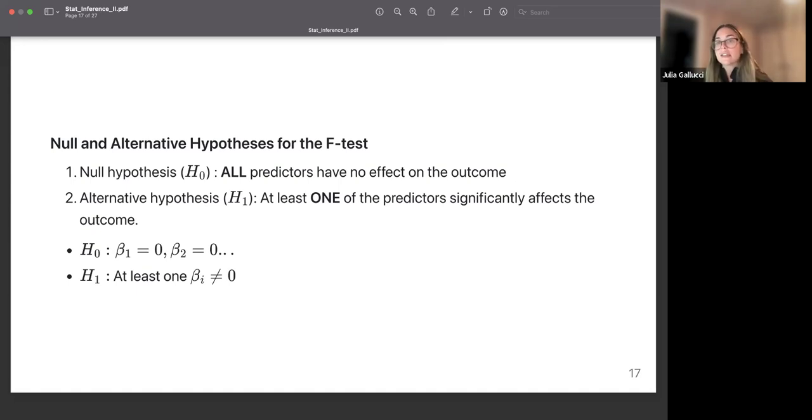So this is saying that at least one of the predictors explains a significant amount of variation in the outcome. So similar to the t-test, if the F statistic is large enough, we reject the null hypothesis and conclude that the model with predictors is significantly better than an intercept-only model. And this would indicate that at least one of the predictors has a meaningful relationship with the outcome.